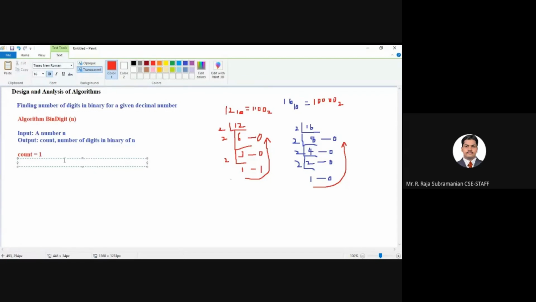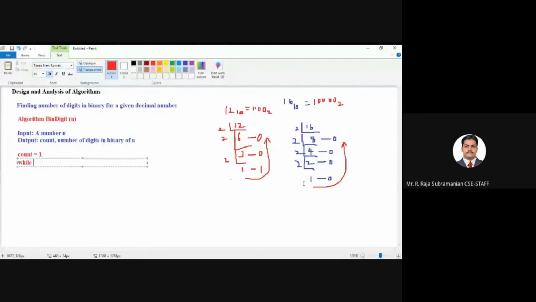So I need to do plus 1, right? Initially I started with count equal to 1, so it is not going to count from 0, it's going to count from 1. Now I'm going to use a non-recursive algorithm for solving it. I can also solve it using recursion, because I need to apply a function repeatedly until an initial condition is met. The initial condition is n equal to 1. Until that is met, I can repeat.